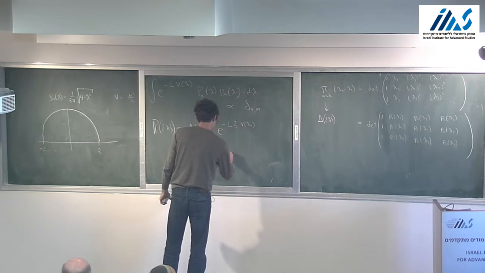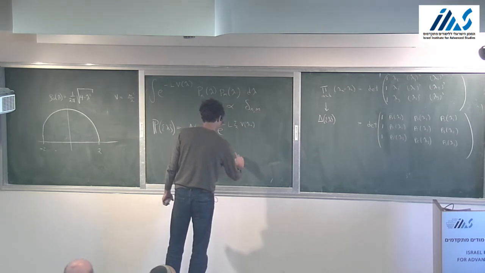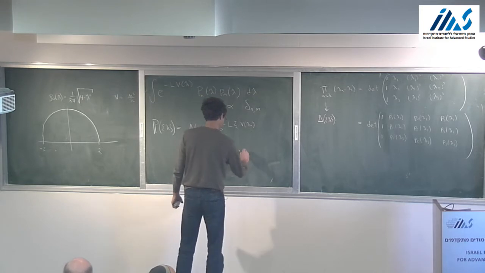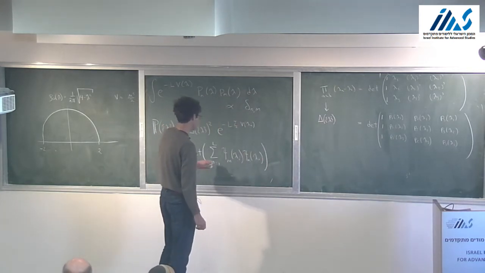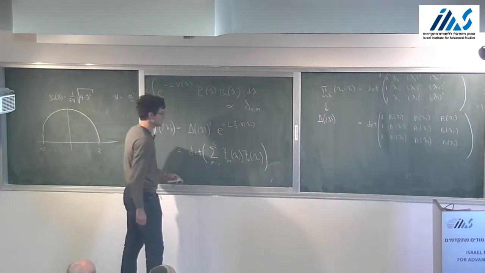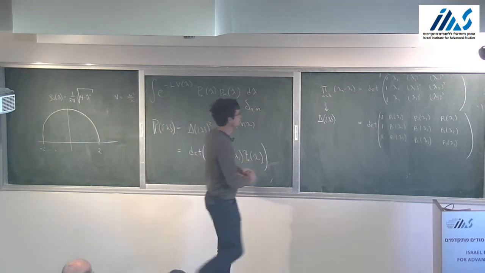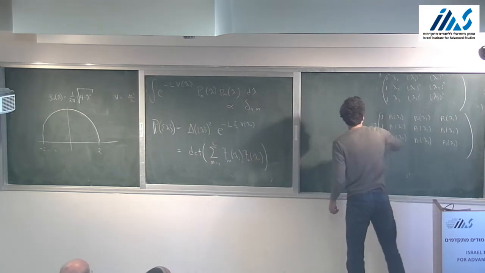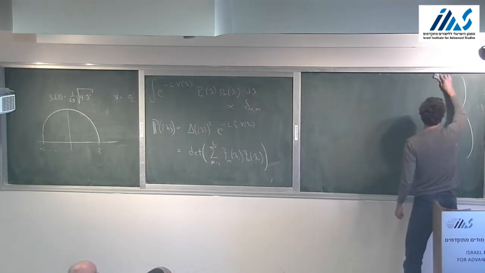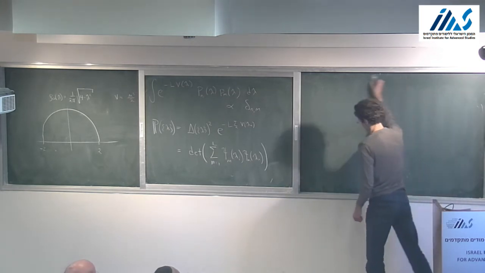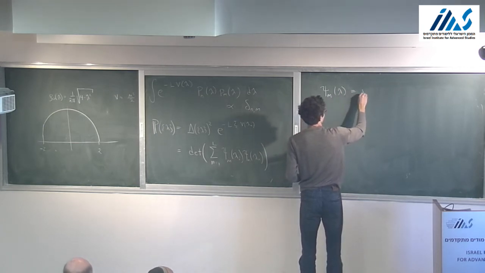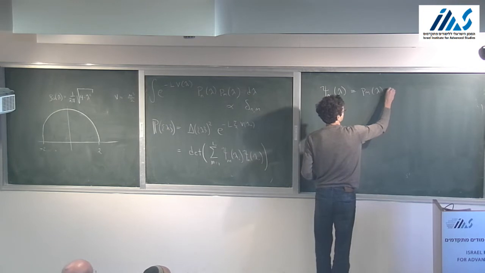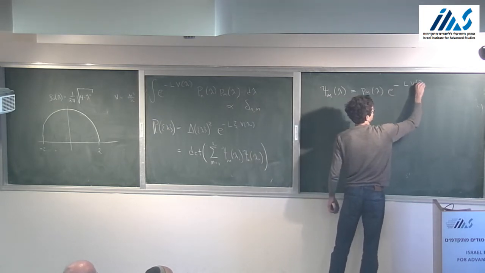I'll explain why this is true in a second. This is a determinant over i and j, where the indices i and j are running from 1 to L. And let me define this function psi. The function psi_m of lambda is our polynomial times e to the minus L V of lambda over 2.